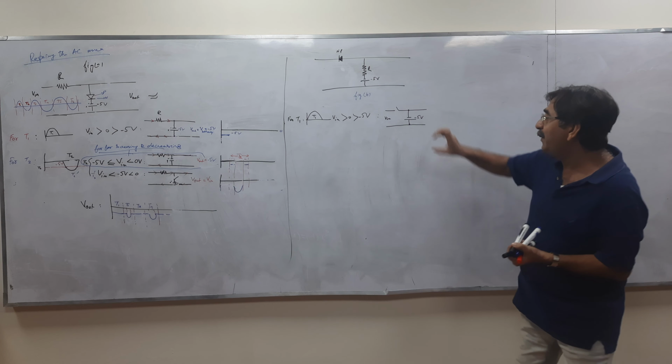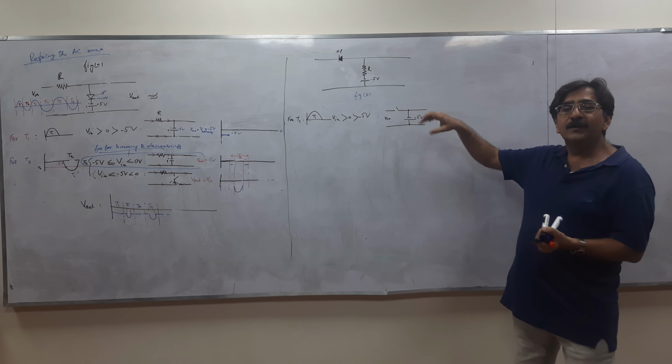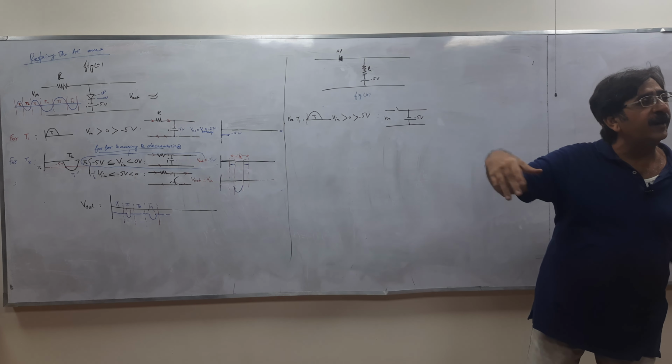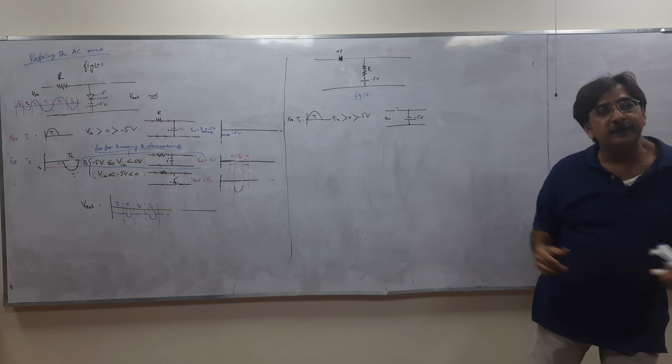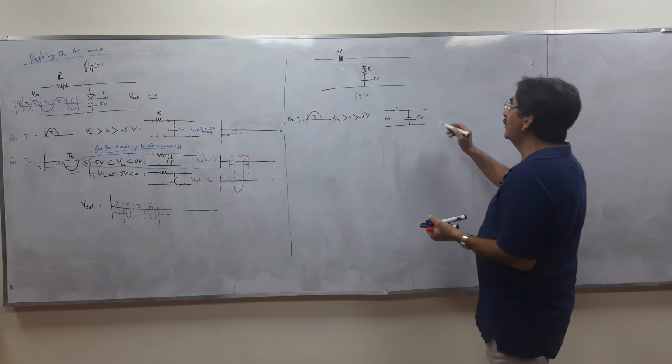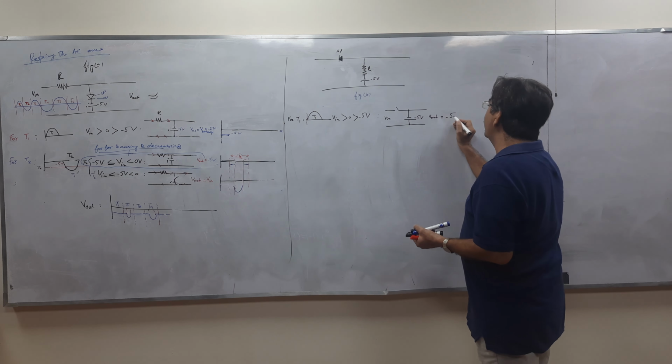So everything will come from the battery, okay. Everything is coming from the battery, and the battery has voltage of minus 5 volt. Yes, that is constant. So V out will be equal to minus 5 volt.